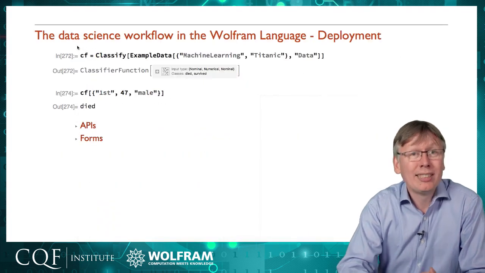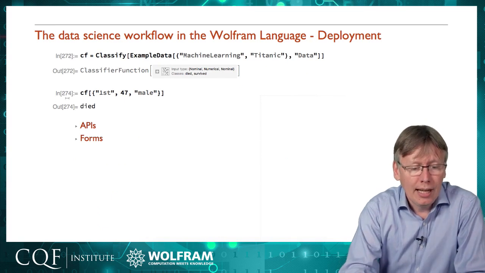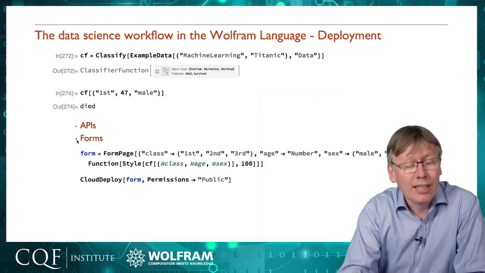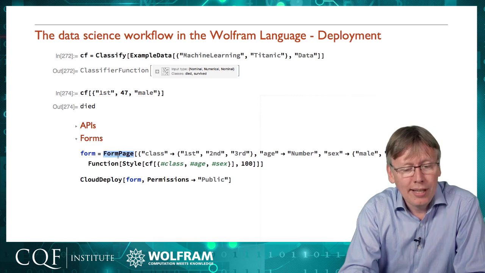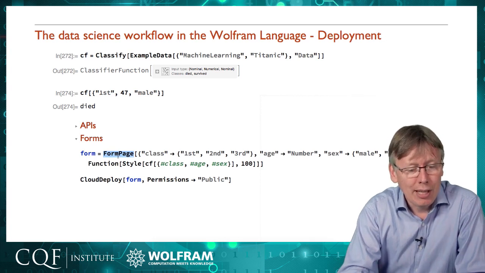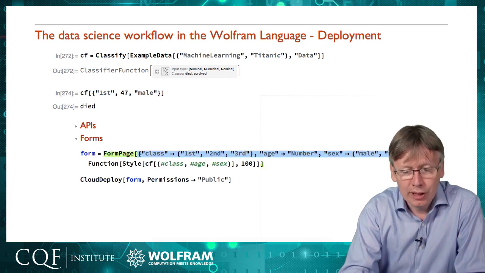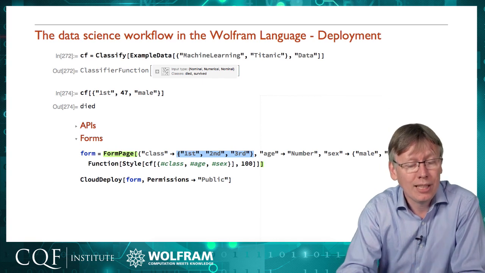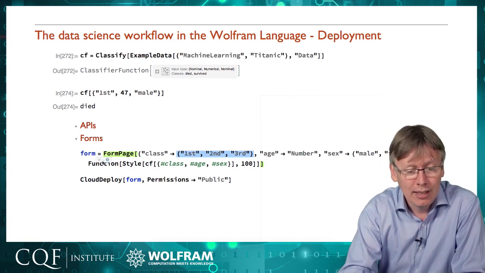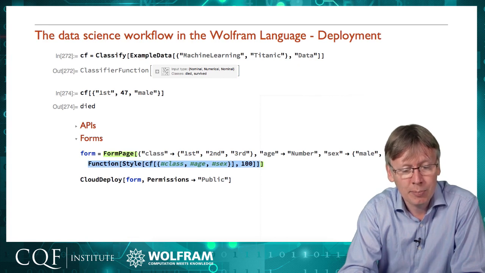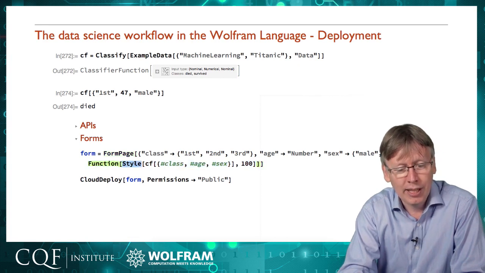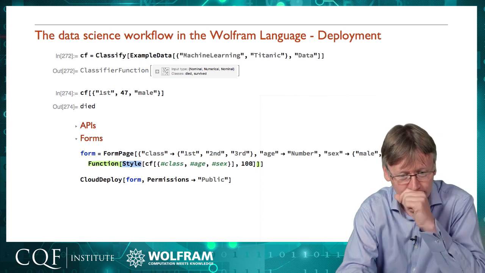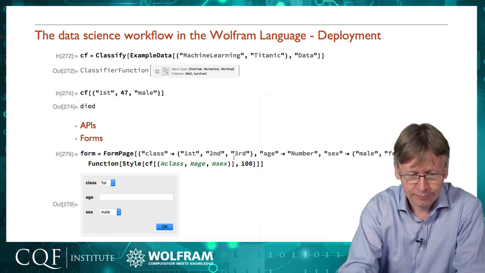The other way you might deploy it is simply straight to the end user, and the way to do that is almost identical. We have a concept of a form page, which is just like the API function. We have to tell it a little bit of information about what to expect, and in this case I can specify a bit more like the choice of options so that I get a slightly more optimized user interface, and then the same function that it's going to run on this page is exactly this classifier that we just built, except I'm going to add a bit of styling information to make it a 100-point font, so that it looks decent on screen.